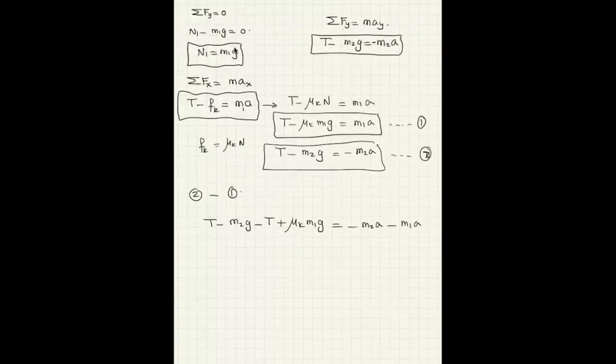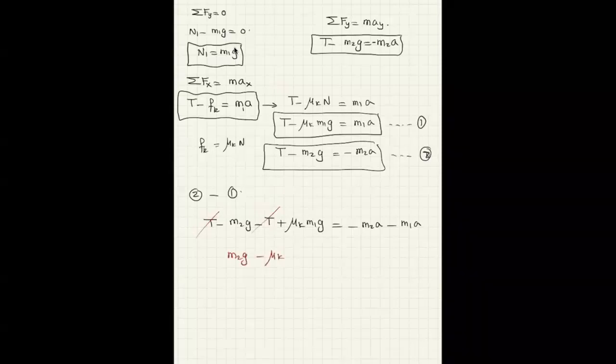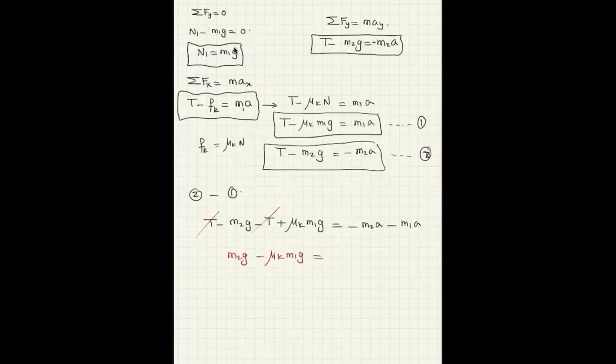Now I can eliminate my T's here. Let's bring these to this side or multiply everything by negative: M2G minus mu k M1G should equal M2A plus M1A.